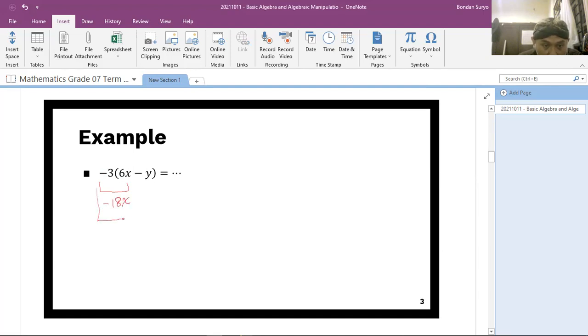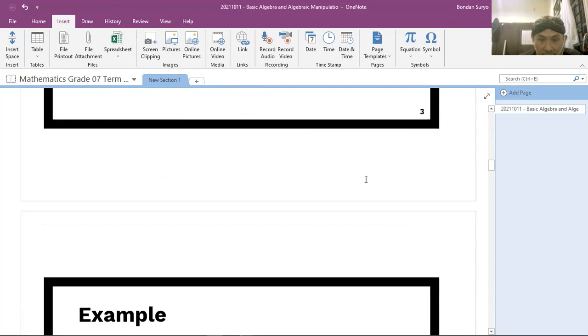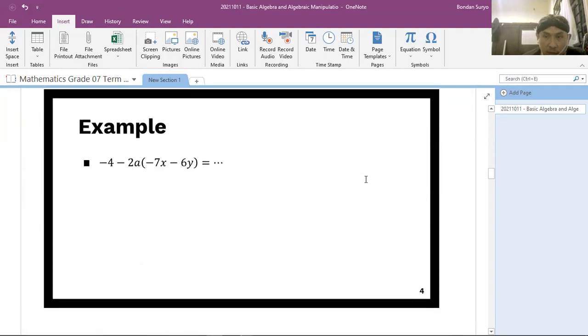Then this one, -3 minus -y equals 3y. So if we expand this expression, it'll be -18x plus 3y. Okay, like that. And how about this one?